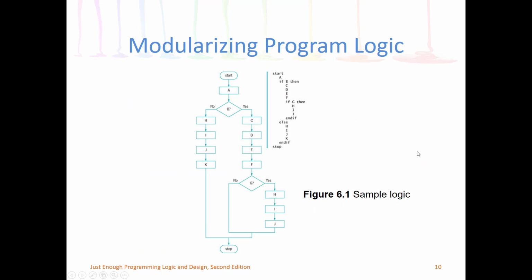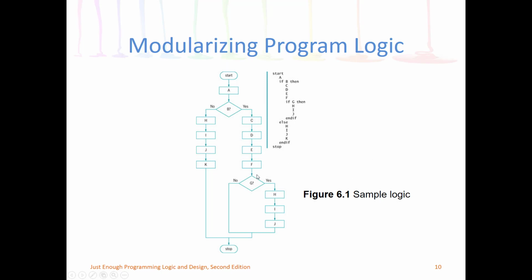Okay, so here's an example of how you go about modularizing a program. If you see here, we have H, I, J, K on the no side, C, D, E, F, and here's another if, and H, I, and J again. So here is something for you to look at. Because I have duplicate code here, I could take this H, I, and J process, put it in a method, and call it here and call it here.